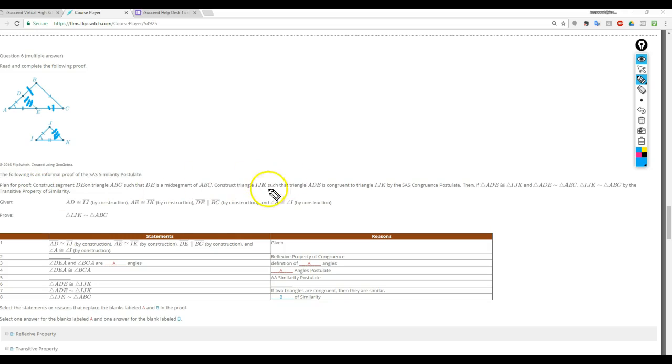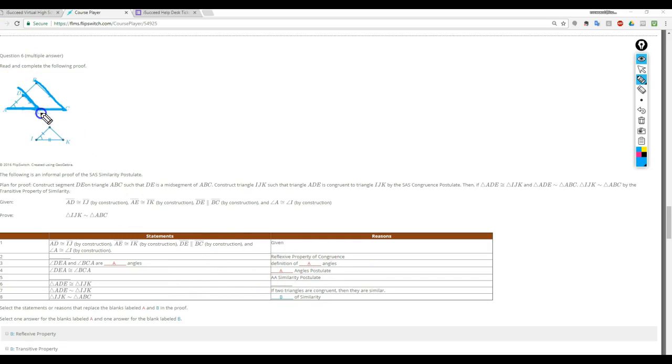Alright, they listed out our plan, and now they're breaking down the statements. So, right here, I have the first blank. So, angle DEA and angle BCA are blank angles. Definition of blank angles. What are they?